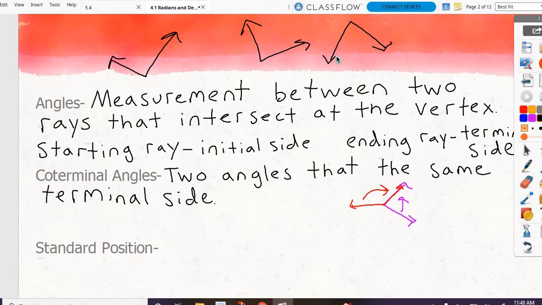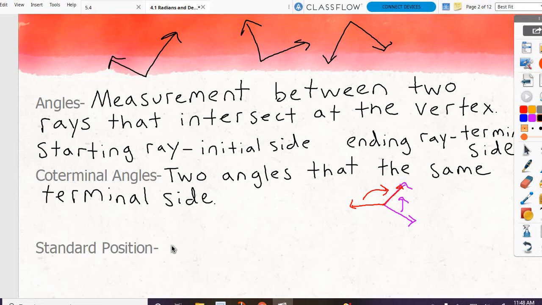Potentially, right? Like if I had drawn them each with a protractor, just because they're facing different ways doesn't mean they're not the same, but it is hard to tell if they are the same or not. Agreed? Which is why we have standard position. Basically, standard position tells us we're going to all draw our angles the same way. That way it's really easy to tell what the angle is. Does that make sense? Okay.